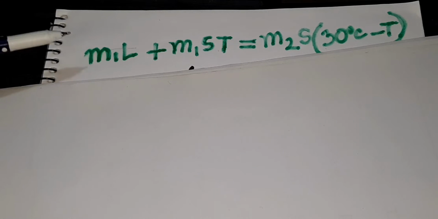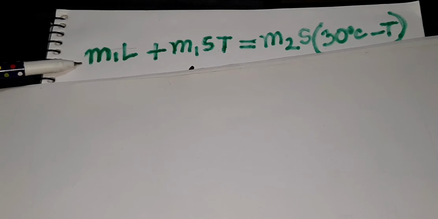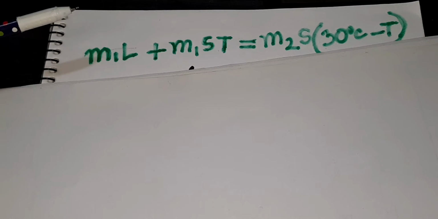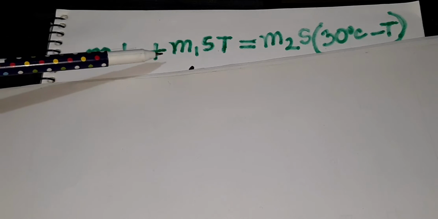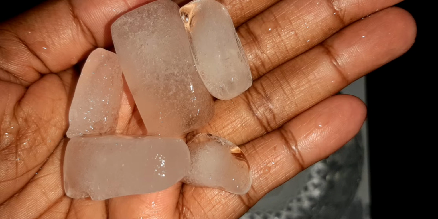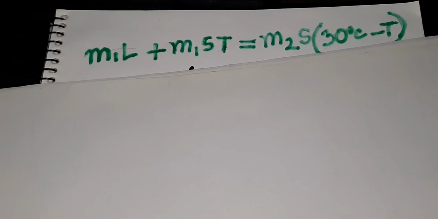So m1L is the heat required to melt. These two types of heat must be equal, right? So m1L plus m1ST, where m1 is the mass of ice, S is the specific heat, and T is the final temperature, equals m2.